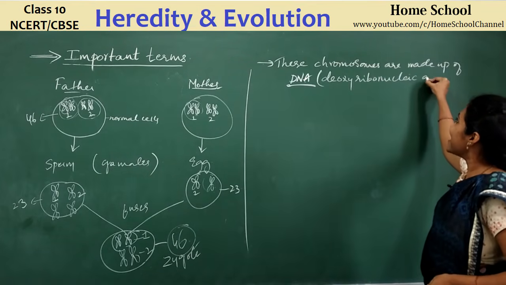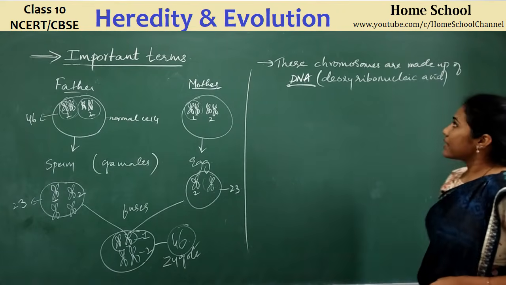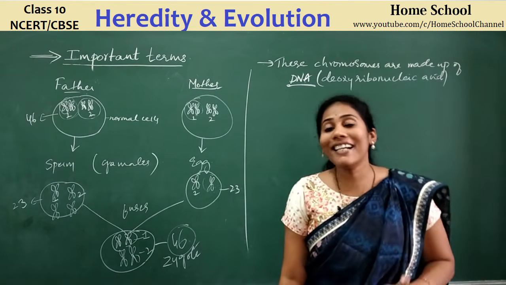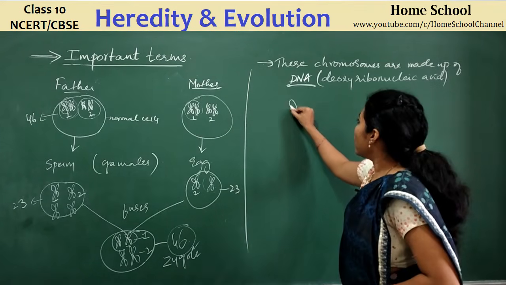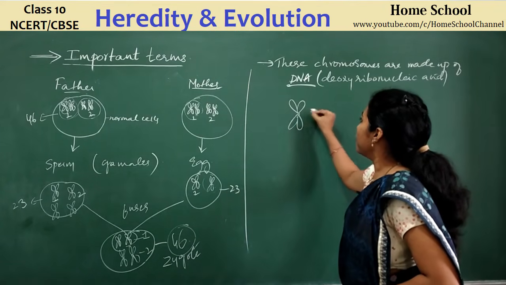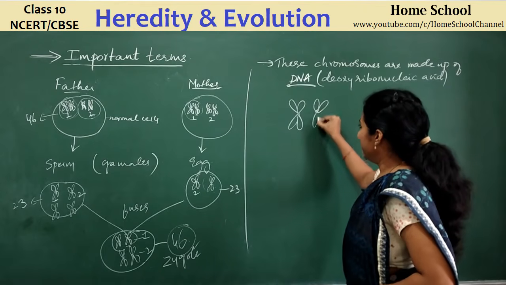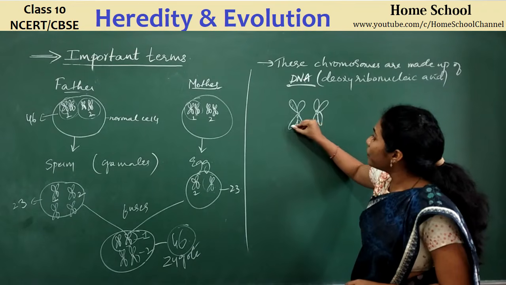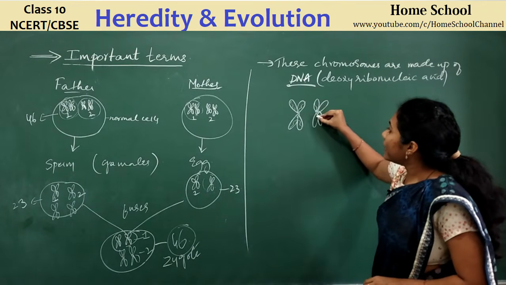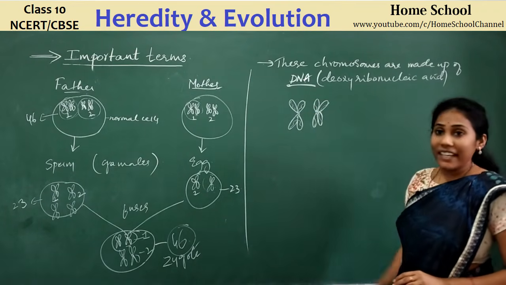Deoxyribonucleic acid. This is a chemical, guys. Say I will draw a chromosome here. This is one set of chromosomes. The entire chromosome is made up of a chemical called DNA.